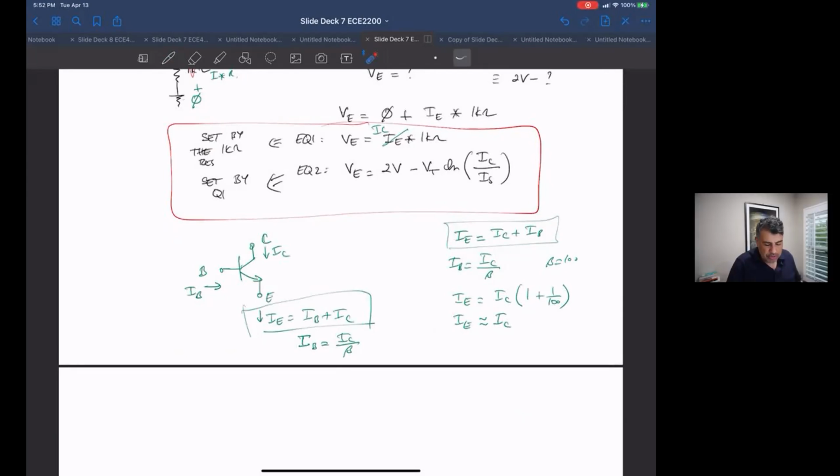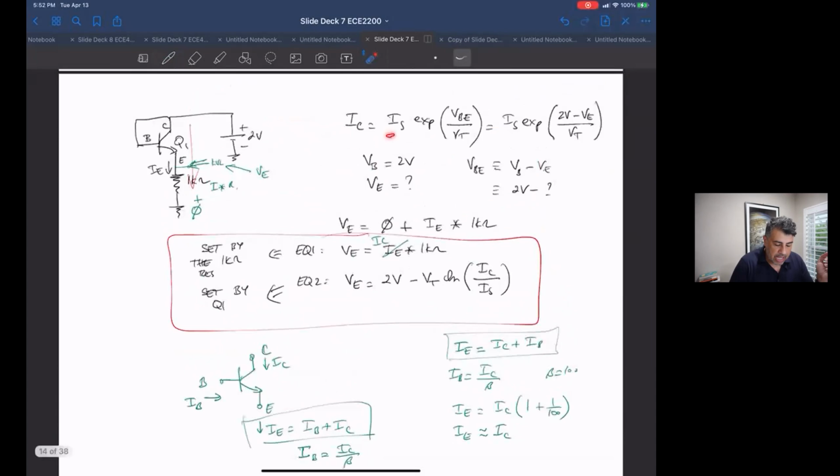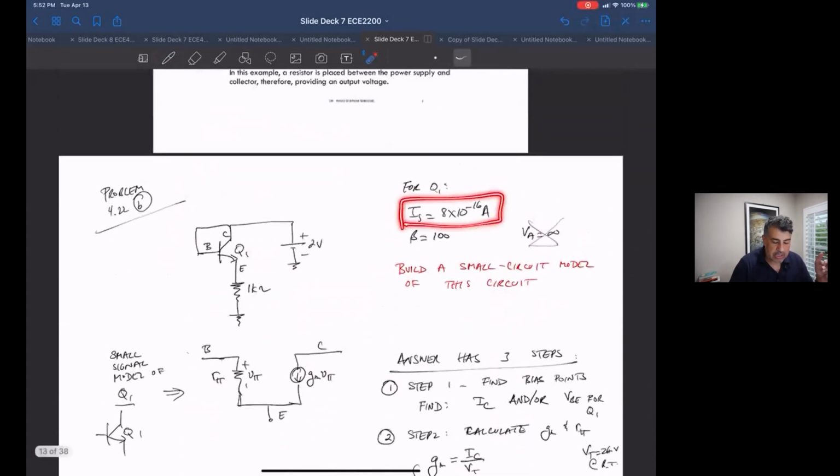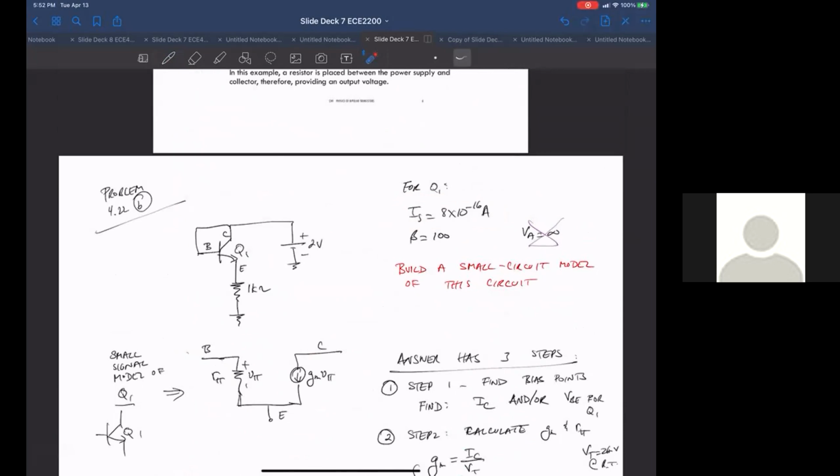Yeah, they're so close because in real life, when you're doing real engineering and you get a kilo ohm resistor, it's never quite a kilo ohm. The best resistor you're going to be able to buy is plus or minus 1%. So it's already a 1% variation. The I sub S value by itself is going to vary. It'll be 8 times 10 to the minus 16, or maybe 10 times 10 to the minus 16, as the manufacturer will tell you.